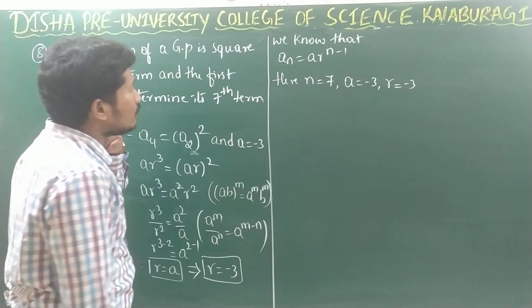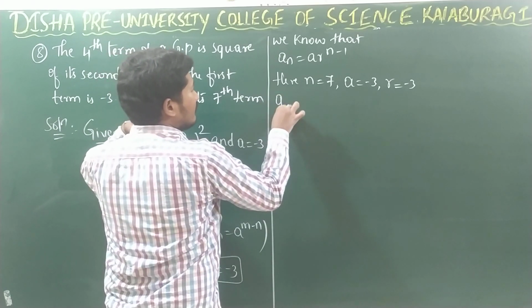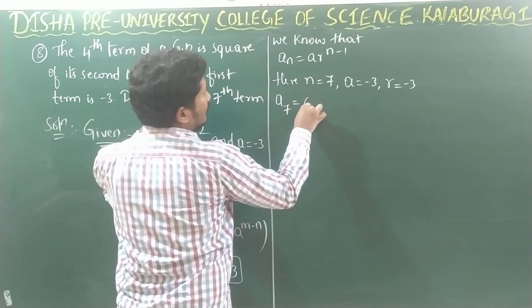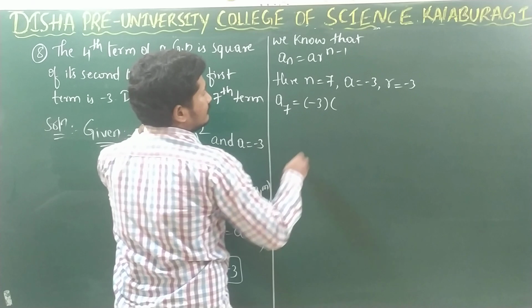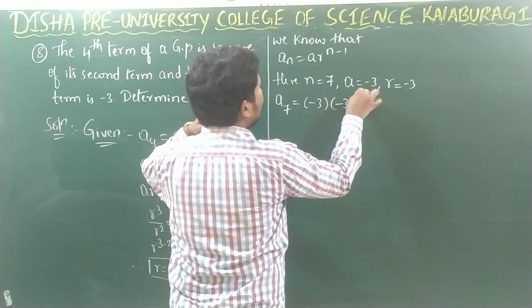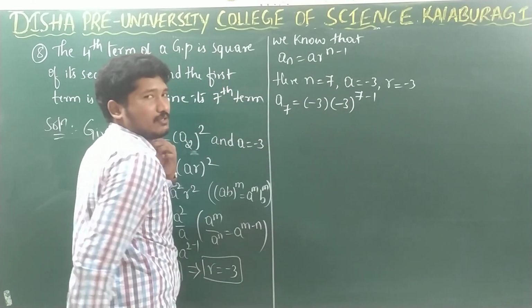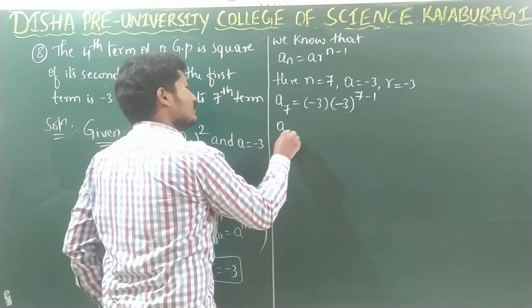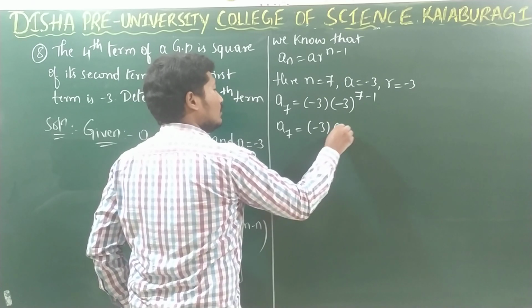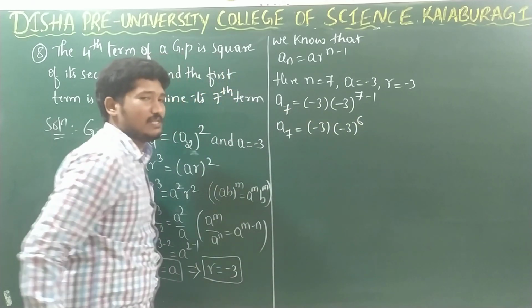So let us substitute that. A7 is equal to -3 into (-3) whole power 7 minus 1. Value of a is -3. Value of r is -3. So A7 is equal to -3 into (-3) whole power, this will be 6.